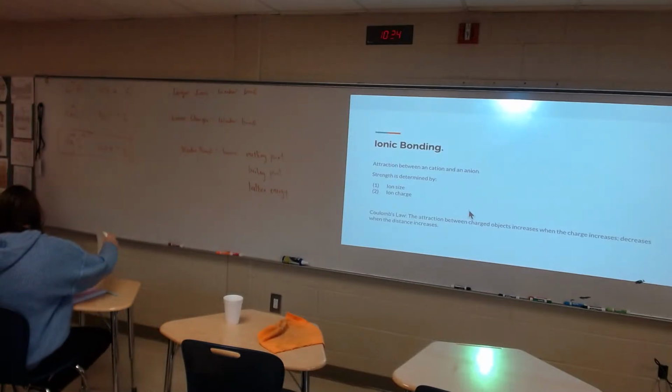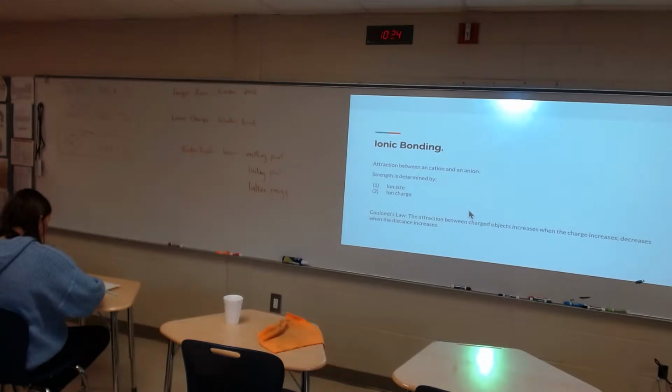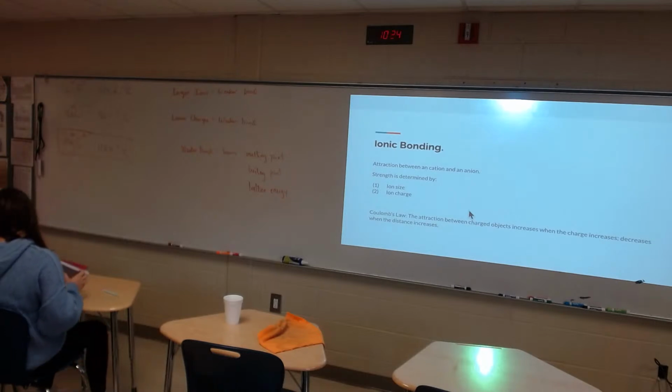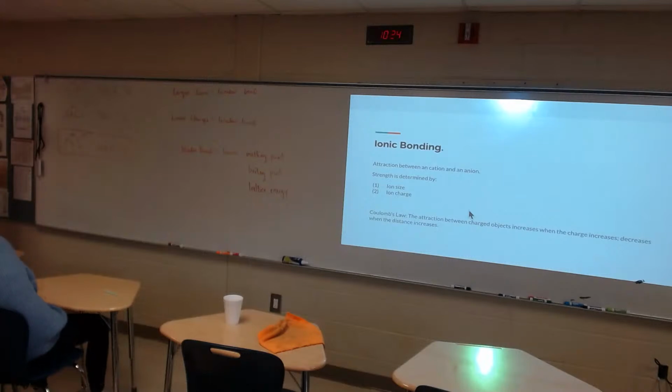Either way, whatever numbers you're given, the smaller number means you have a weaker bond. If the number is higher, it's because it has a stronger bond. We'll explain more next time about why those bonds are weaker or stronger.